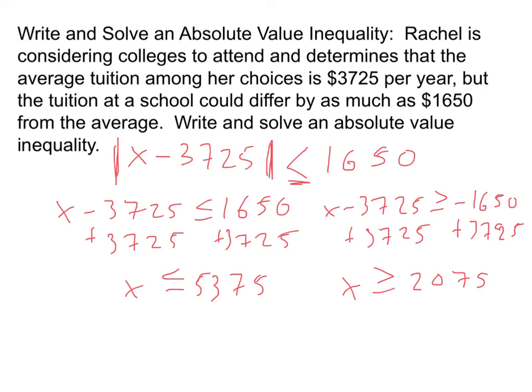So if you're graphing that, you would be looking at colleges that are between 20.75 and up to 53.75, and we would use closed circles and go everything in between. Okay, so hopefully that wasn't too bad for you. Bring in any questions. Thanks.